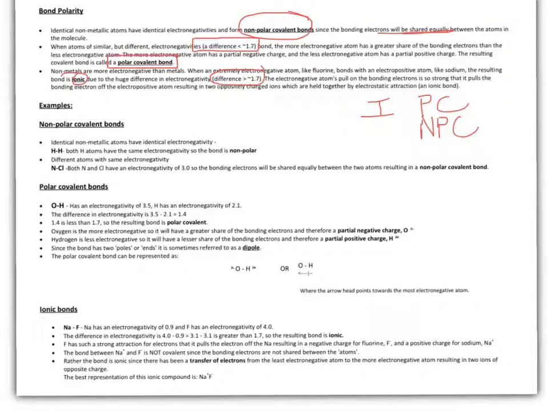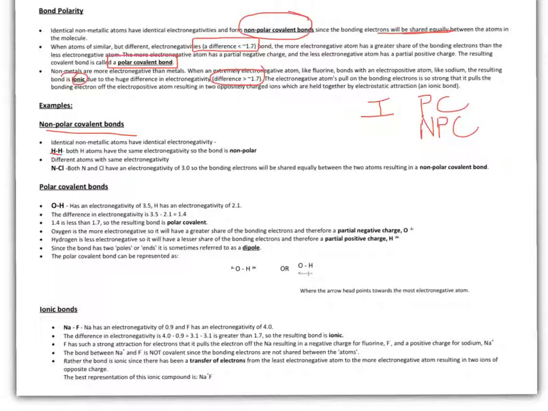Now, here are some examples, and you can look at the picture of the periodic table with the electronegativities on it that you received in class. Here we have nonpolar covalent bonds. First example, if there are identical nonmetallic atoms, they have identical electronegativities, and therefore it is a nonpolar covalent bond because they're equal to each other.